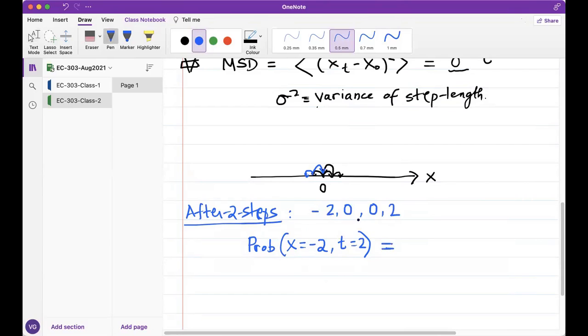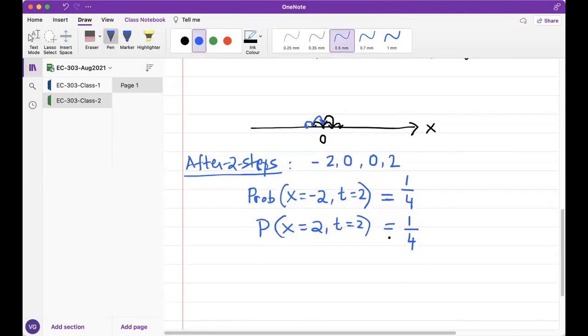We know the basic definition of probability. It's only one of the 4 possibilities. So 1 by 4. Likewise, what is the probability at x equal to 2 at time 2? Again, only one of the 4 outcomes would give us a location at positive 2.